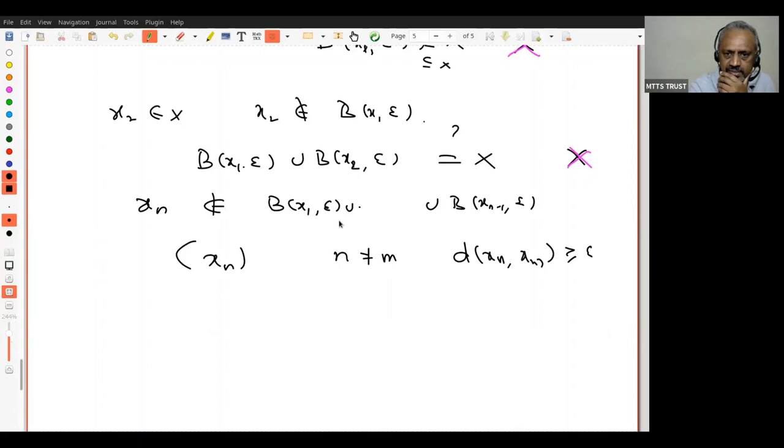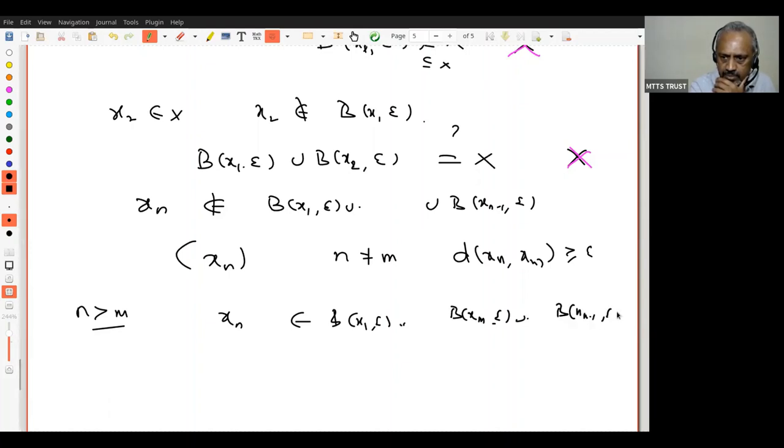Because xn is not here, that means... you understood that. Suppose n is not equal to m, without loss of generality, let us assume m is less than n. That means xn is not here, but your xm must be between x1 and xn-1. Therefore, it will be somewhere here, in B(x1, epsilon) union ... union B(xn-1, epsilon). So xn is not here. That means the distance between xn and xm is also greater than or equal to epsilon.